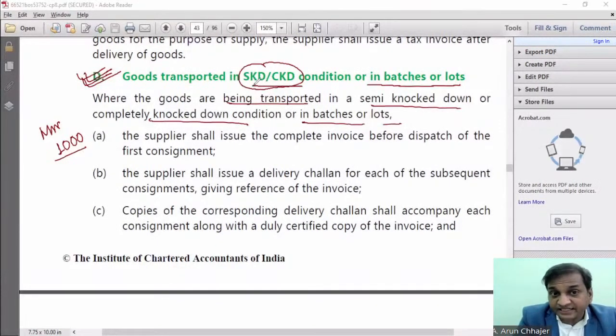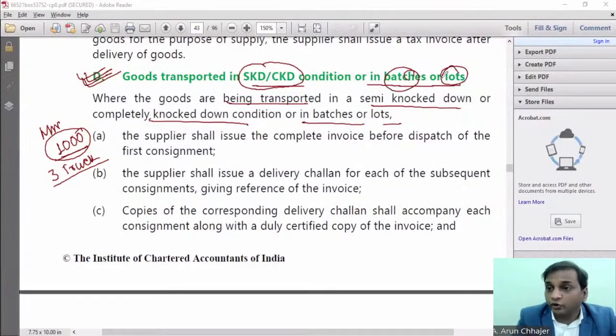If the goods are sent, the total quantity is 1000, but it cannot be transported in a single conveyance vehicle. So assume that 3 trucks are being used for moving the goods. Then the tax invoice is single, but we are sending the goods in batches or lots. What to do?